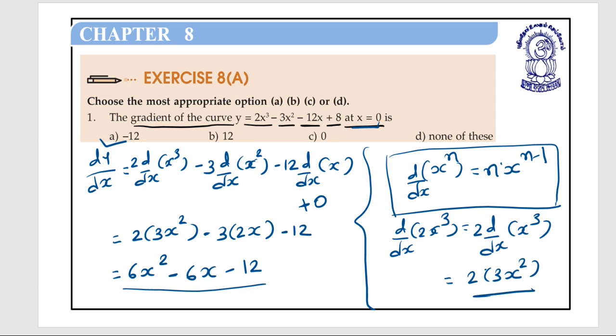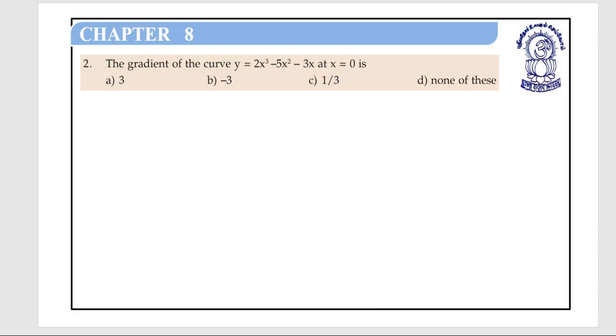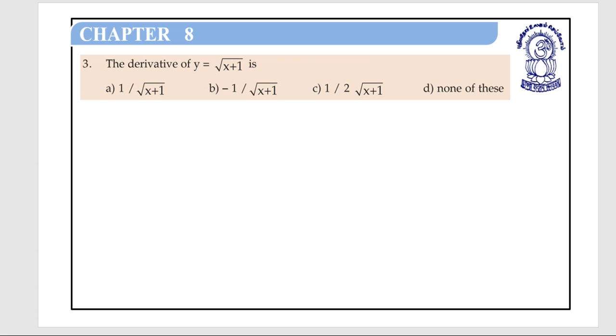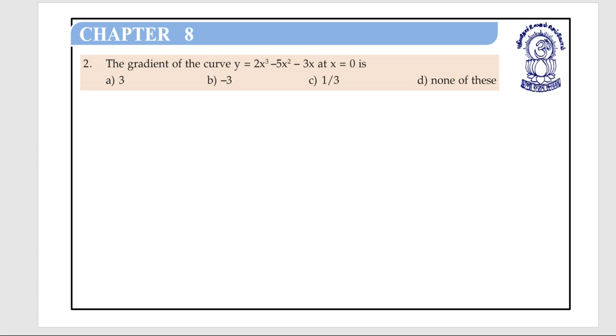Okay. Next question. The gradient of the curve y is equal to 2x cube minus 5x square minus 3x at x is equal to 0 is.